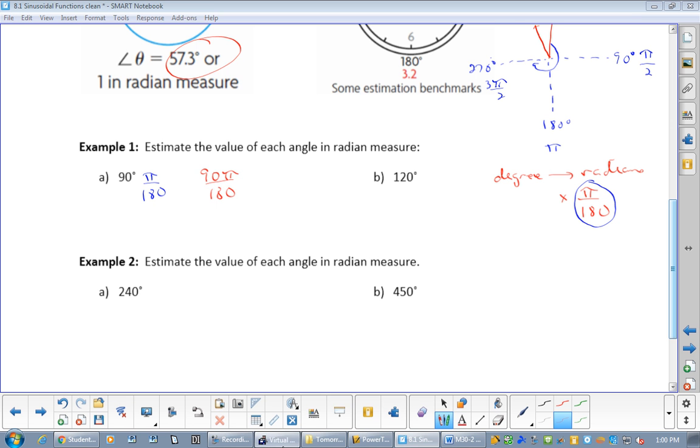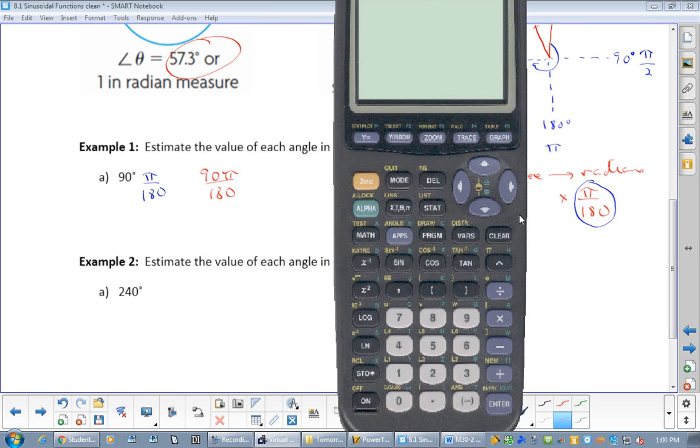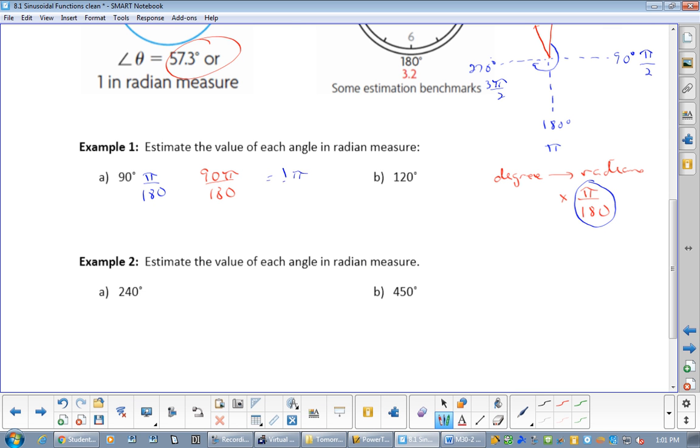And again, I'm going to teach you how to use your calculator to do these. So you go 90 divided by 180, and then you hit math, enter, enter. That will reduce your fraction for you, which is 1 pi over 2. Do you see that? Did I do anything with the pi? No.